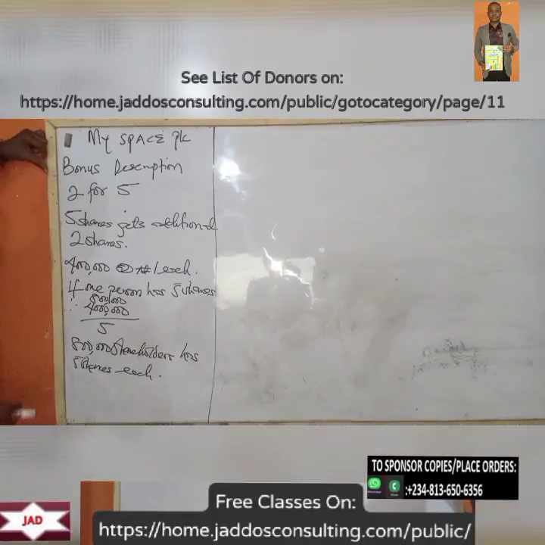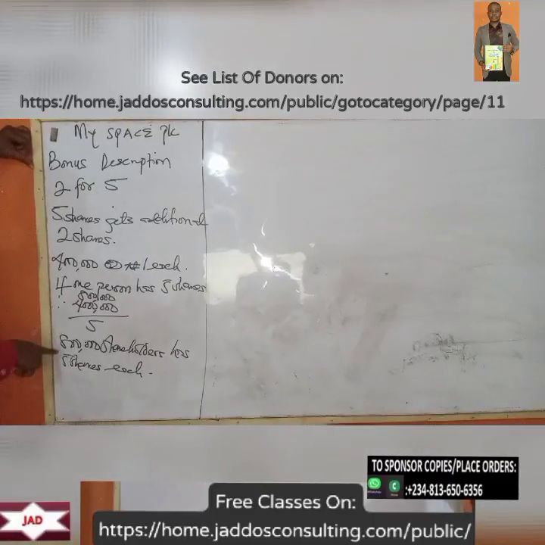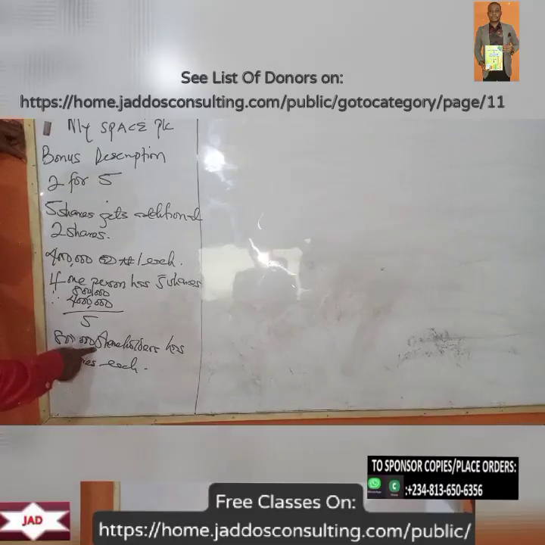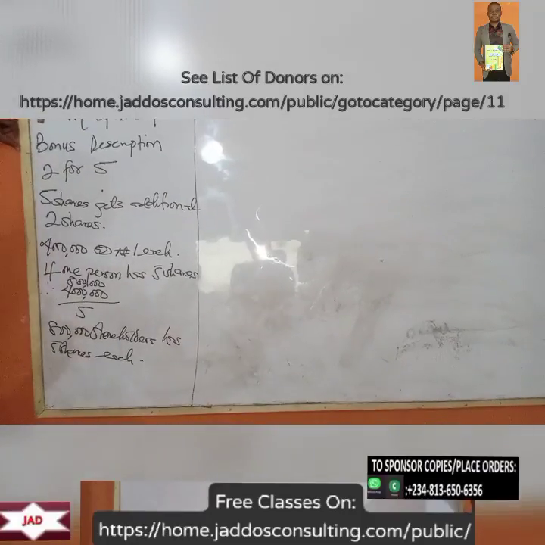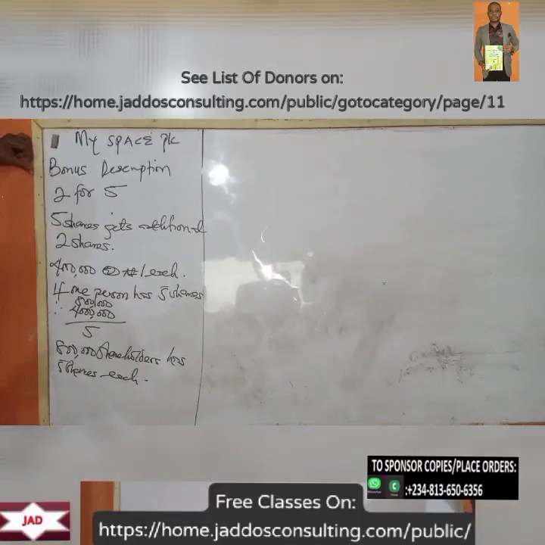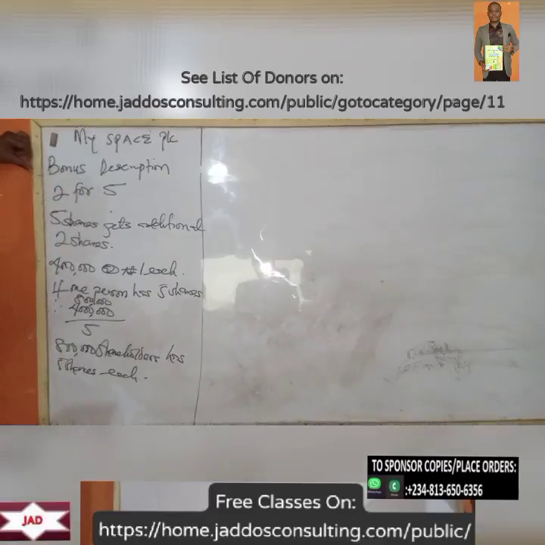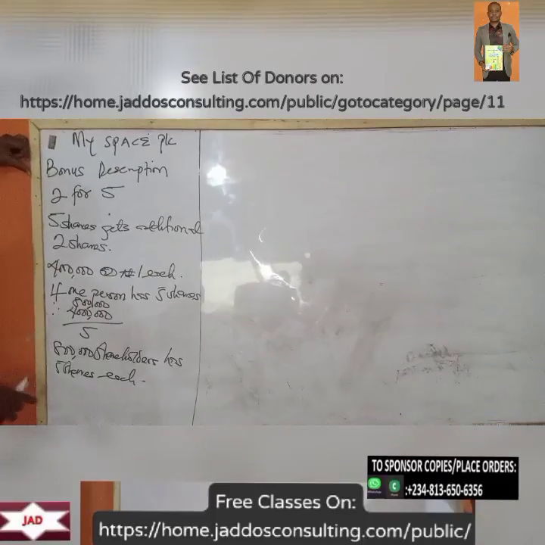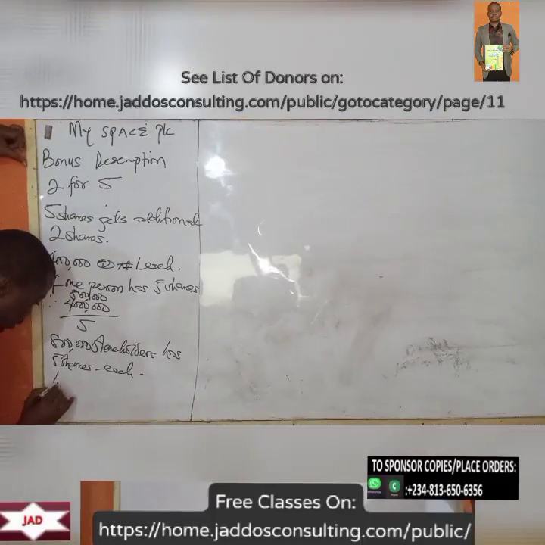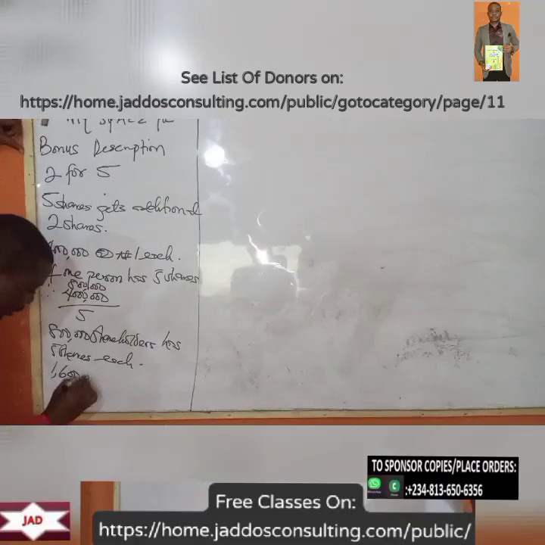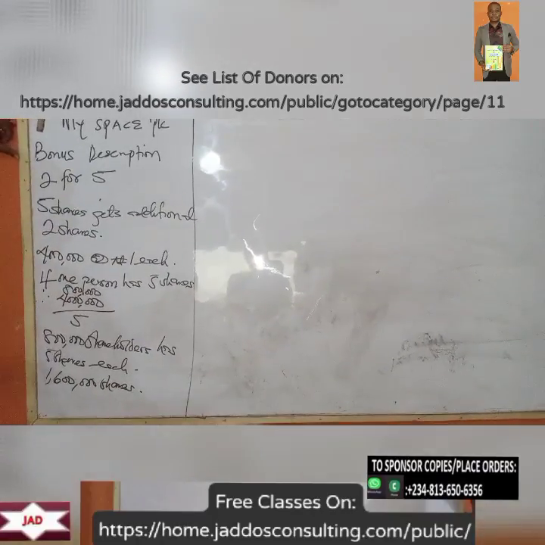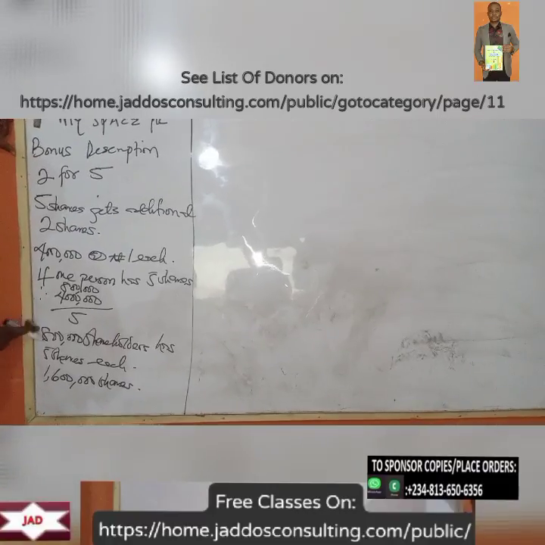So if you're giving 800,000 shareholders 2 shares each, what would that mean? That would be 2 times 800,000, that's 1,600,000 shares, right?